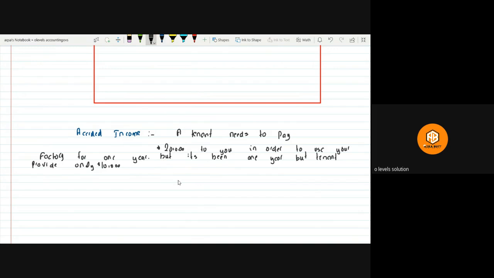First of all, if the annual rent is 20,000, let's find out the monthly rent. 20,000 divided by 12. Monthly rent is 1666.